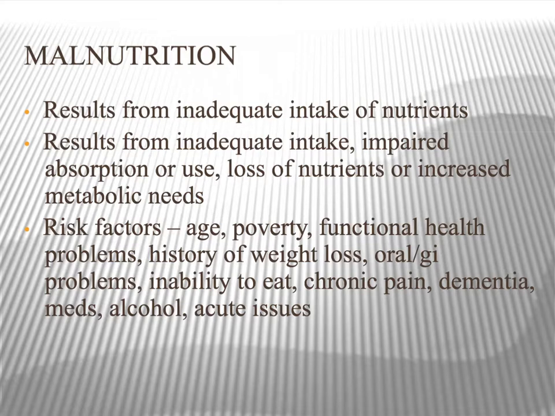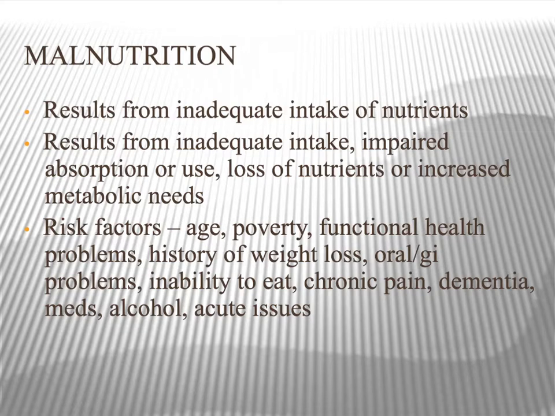We've talked about functional health problems. These would be your individuals who are hospitalized, and their hospitalization interferes with their nutrition. History of weight loss, people who have oral or GI problems, pretty self-explanatory. Goes along with that is an inability to eat, such as we just got done talking about individuals who are taking chemotherapy or radiation therapy.